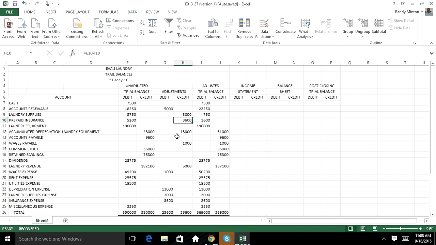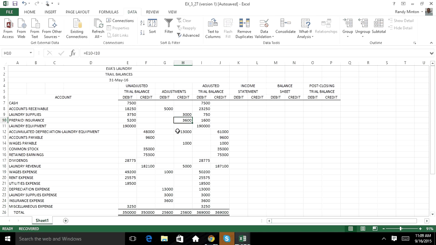So in this case, in order to make it come from 5,200 to 1,600, we needed a credit adjustment of 3,600. So the debit side would be to the insurance expense side because it represents insurance that we have now used. So debit insurance expense, why? Again, because it's a stockholders' equity item and expenses make stockholders' equity go down. And prepaid insurance is an asset. In order for it to go down, it must be credited.